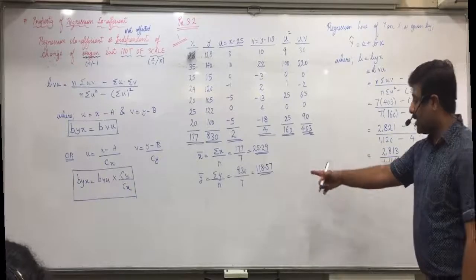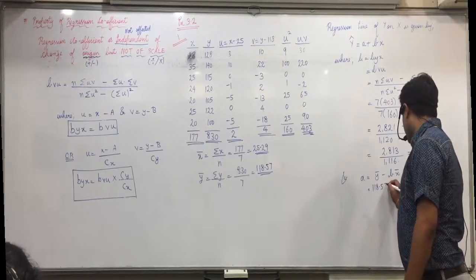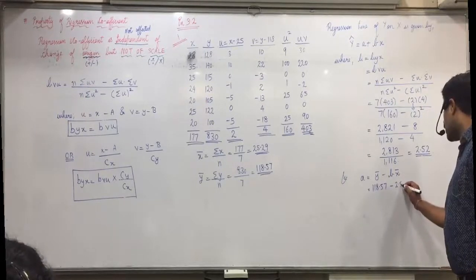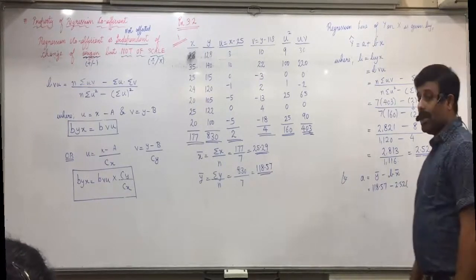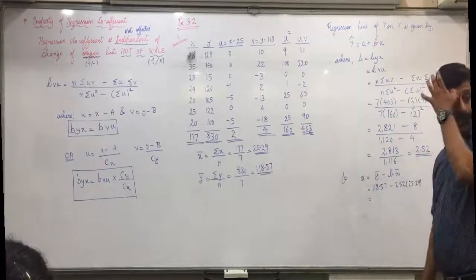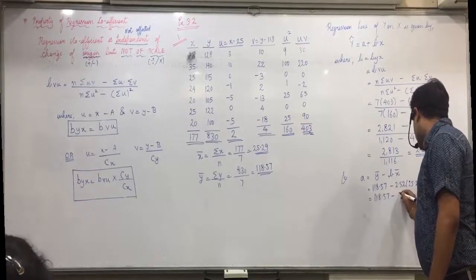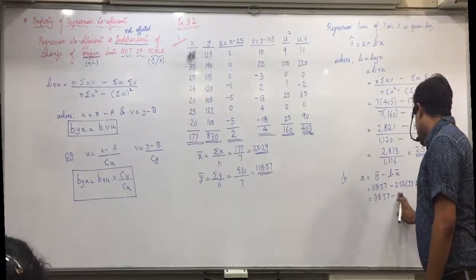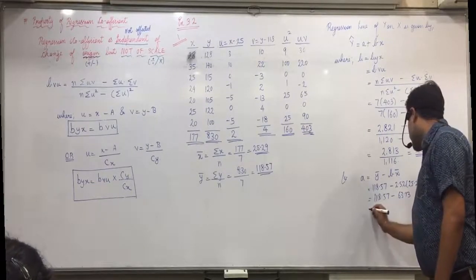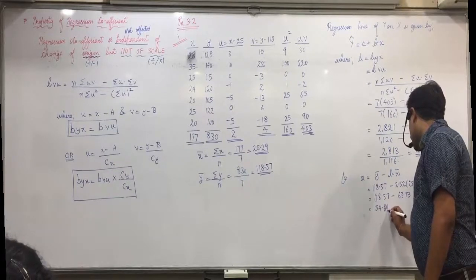Y bar is 118.57 minus b, which is 2.52, into x bar, which is 25.29. Further, 118.57 minus 63.73 is equal to 54.84. Raise your hand.